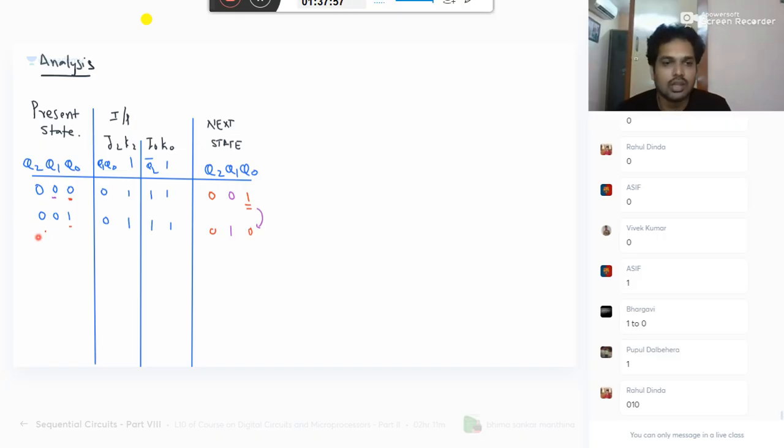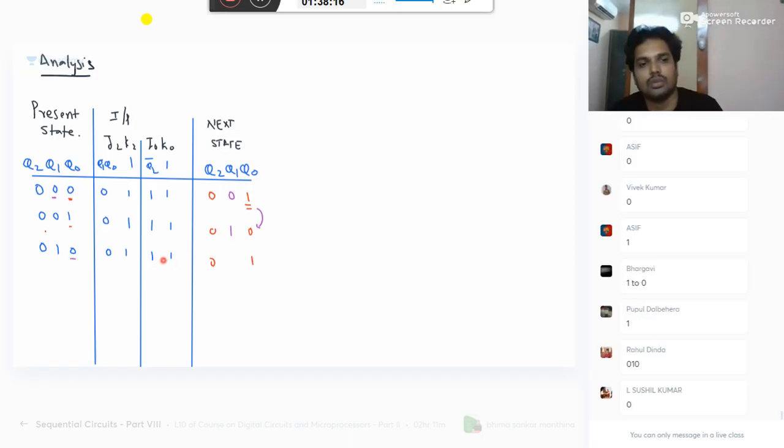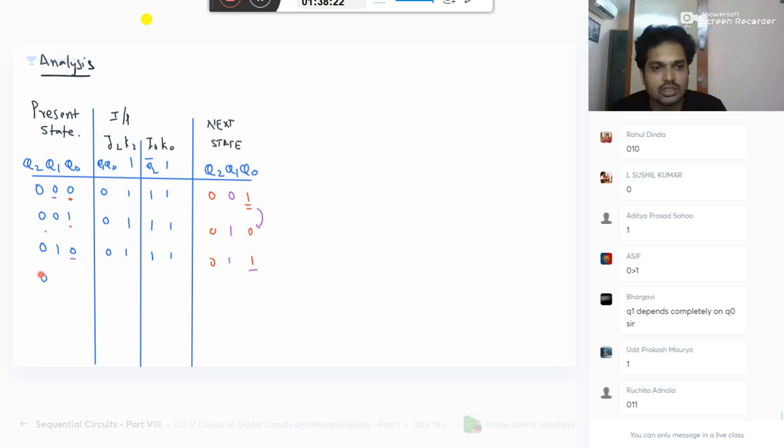Now here again 0, 1, 0. Q1 into Q0 is 0, 1, 1, 1. Again same story. But here, tell me, it changed from where to where? Q0 changed from 0 to 1, not 1 to 0, so it stays the same. When Q0 changes from 1 to 0, it will toggle. Otherwise, you should take it like that.